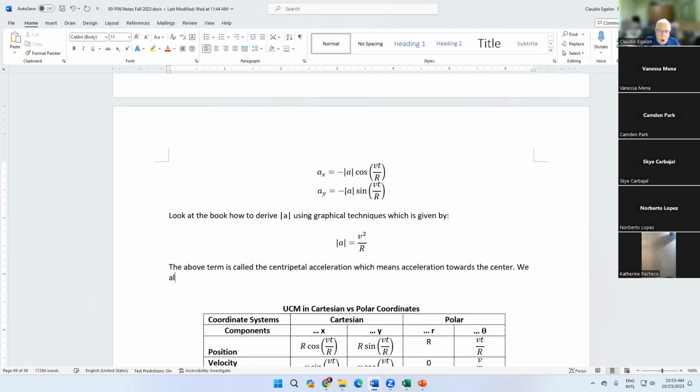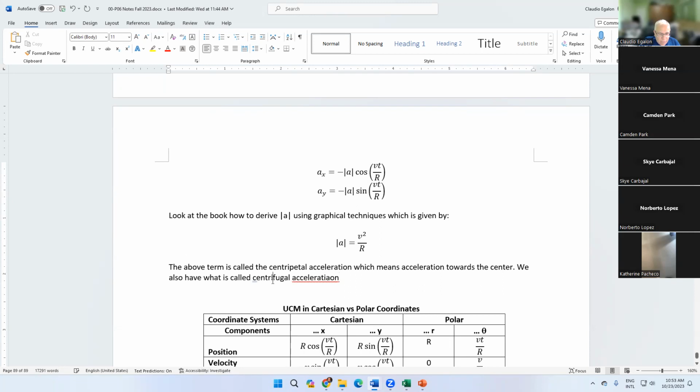We also have what is called centrifugal acceleration.